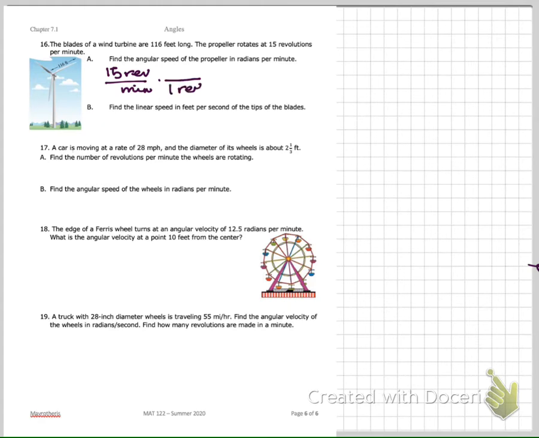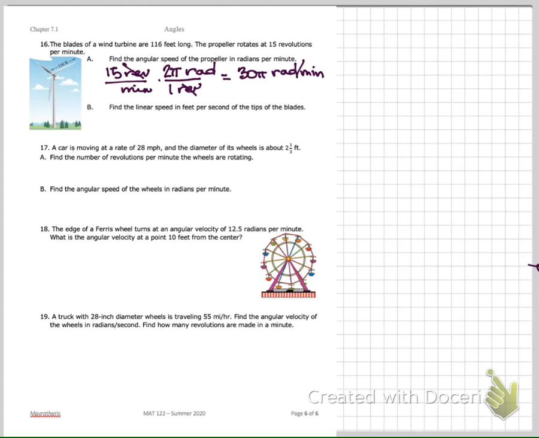So my revolutions go in the denominator here. I've got 2 pi radians per revolution. So now I'm going to go ahead and cancel those revolutions, multiply straight across. I get 30 pi radians per minute. That's the unit we were asked for, so we are done.